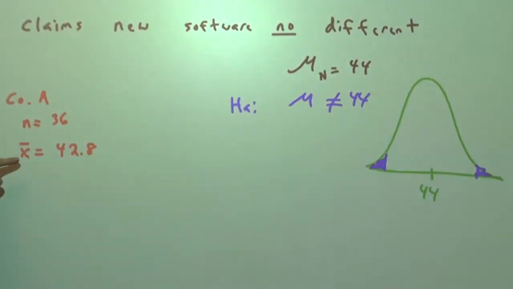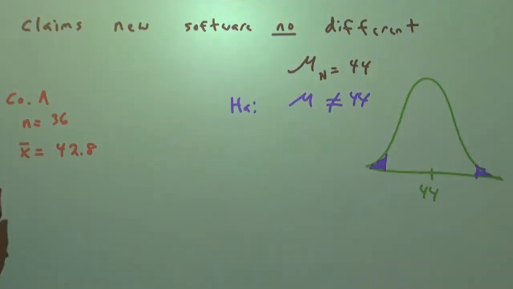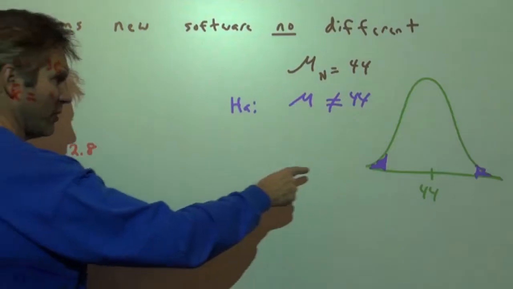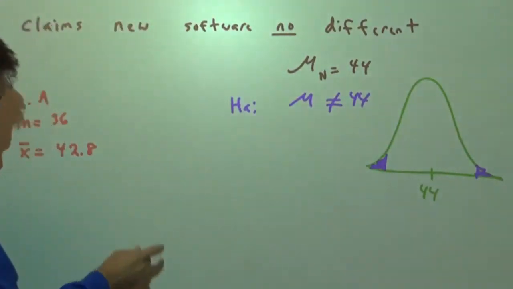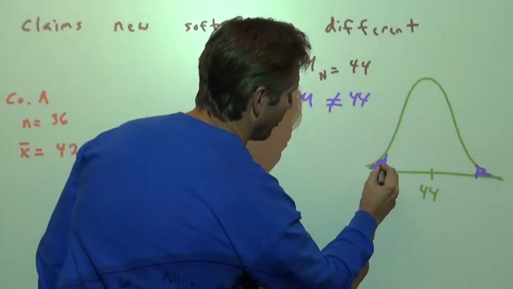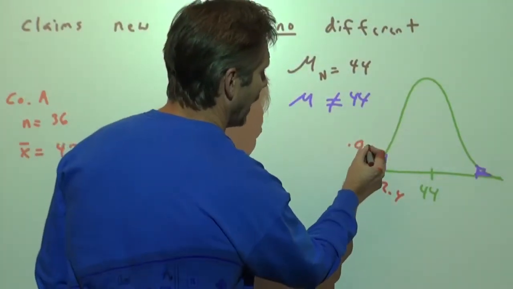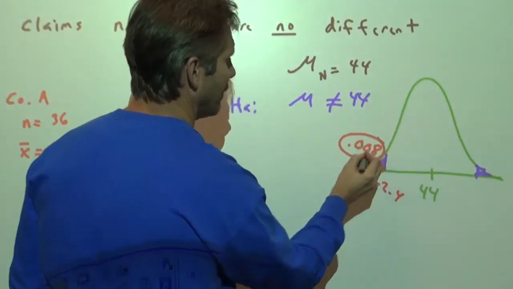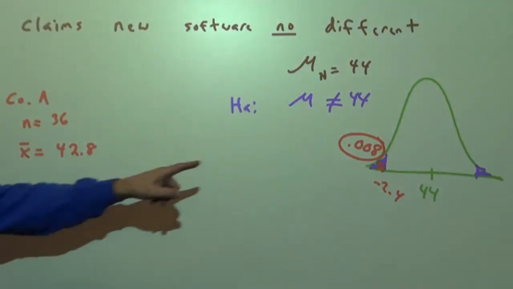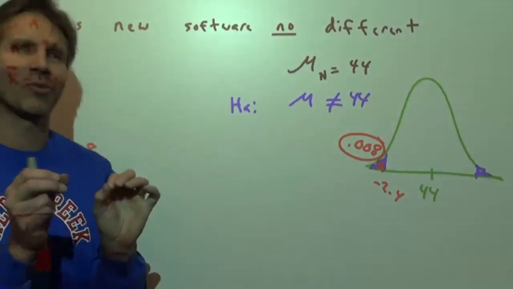So if we go back to the example with the original company A, the sample mean put us at 42.8. Remember, that gave us a z-score of negative 2.4. We were down here, negative 2.4 standard deviations beyond the mean, and we trapped this much on this tail. But that is not our p-value in a two-tailed test, because here's what has to happen.